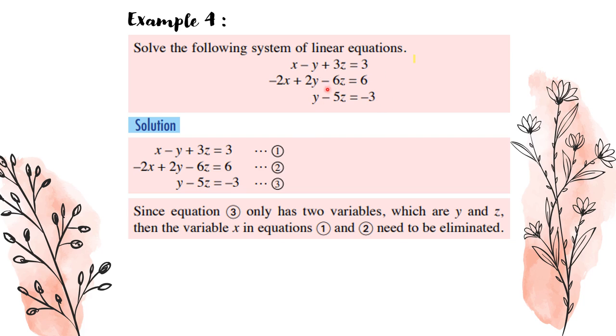If you observe here, equation number 3 doesn't have variable x. We only have variable y and variable z. The first two equations have x, so we need to eliminate x. How to eliminate x?